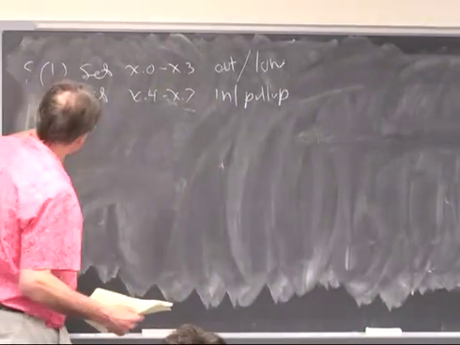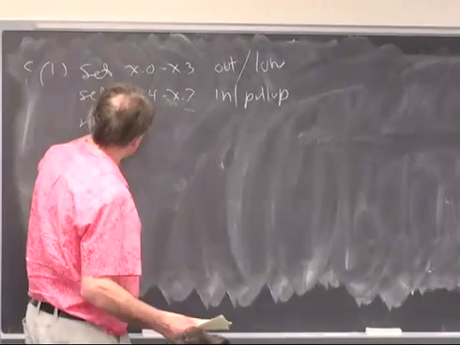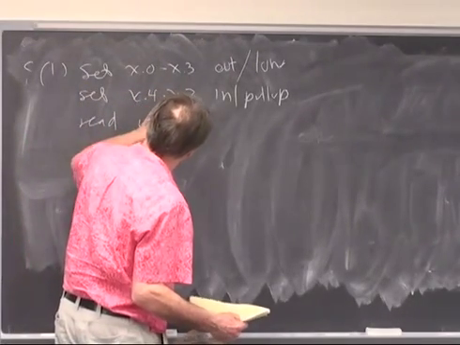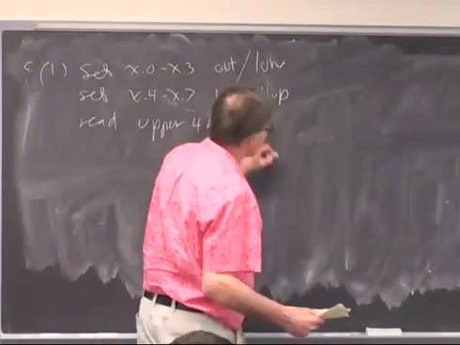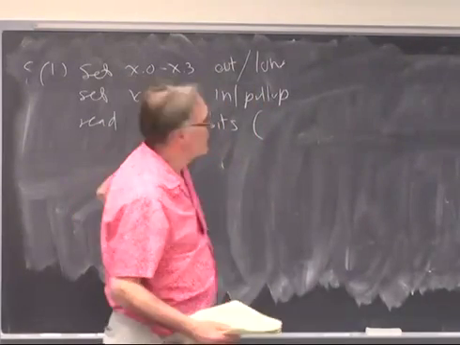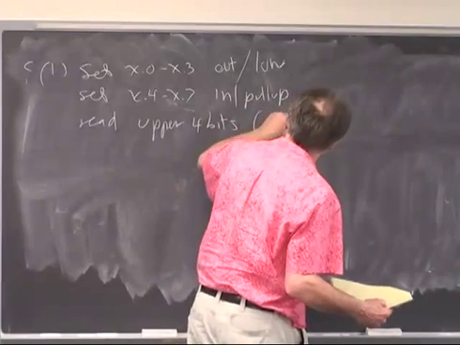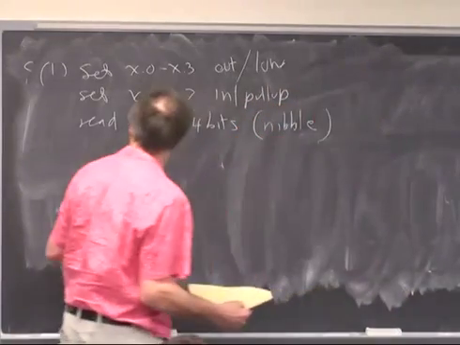And then we're going to read the upper 4 bits. Since that's half a byte, we call that a nibble. So we're going to read the upper nibble.